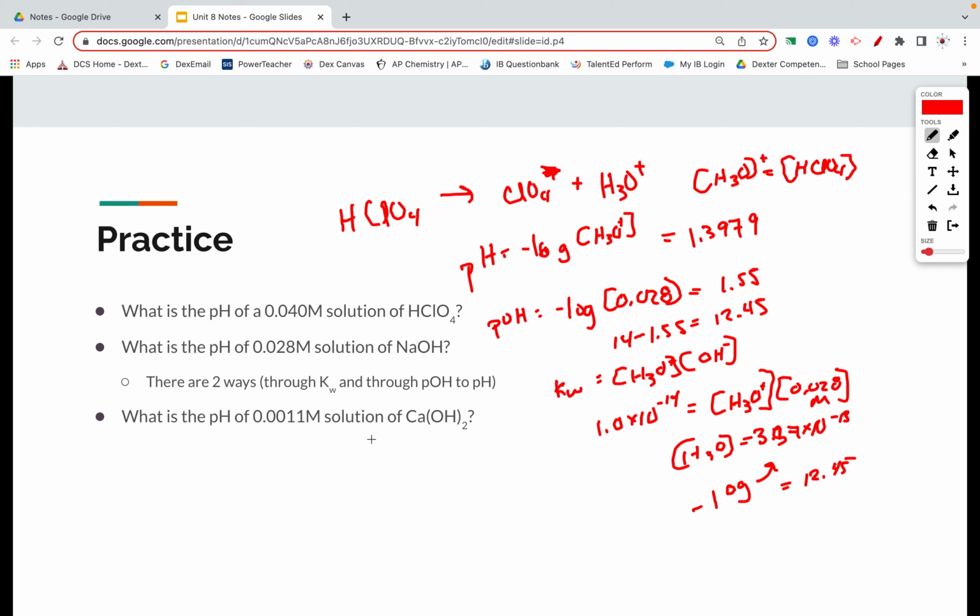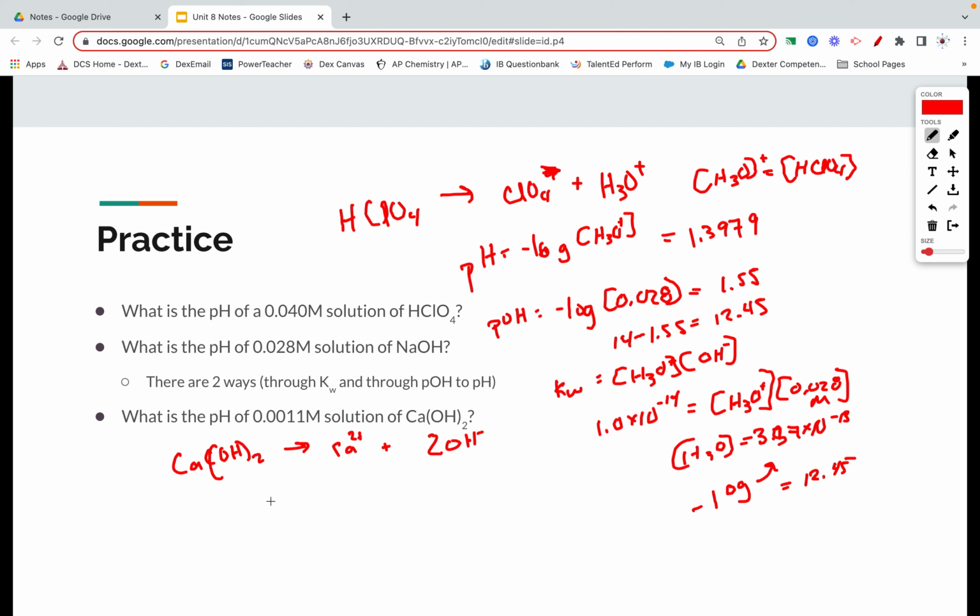Last but not least, we're going to look at the pH of calcium hydroxide. Now in this case, it's not 1-to-1 because we have calcium hydroxide with two hydroxides. So when we go to completion, we're going to have a calcium 2+ ion and 2 hydroxide ions.